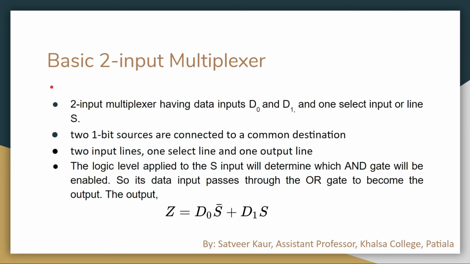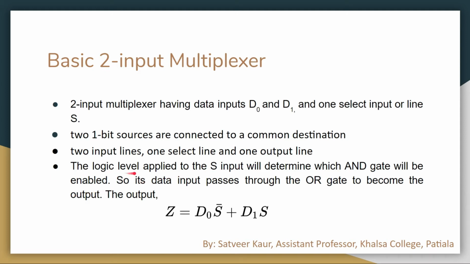Now we will see the basic 2 input multiplexer. A 2 input multiplexer has data inputs D0 and D1. In a 2 input multiplexer there will be 2 inputs and 1 output, so the data inputs here are D0 and D1 and 1 select input or line S. Two 1-bit sources are connected to a common destination: there are 2 input lines, 1 select line and 1 output line.